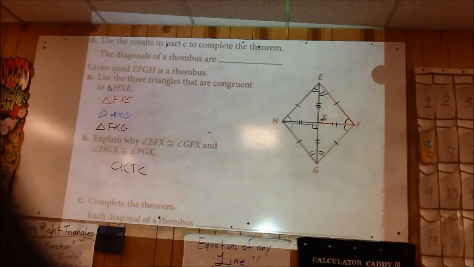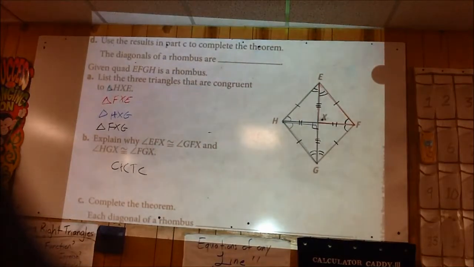List all the properties of the rhombus and begin with the properties of a parallelogram. So we're just going to list the properties of a rhombus. What we've got is diagonals. Just that theorem that we just wrote, each diagonal of a rhombus bisects a pair of opposite angles. We've got the diagonals are perpendicular. We've got all four sides that are congruent, plus all of the properties of the parallelogram.